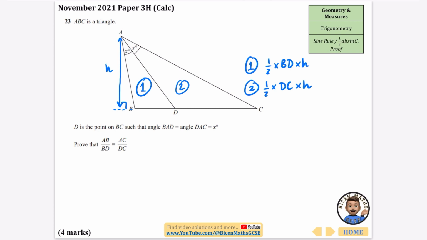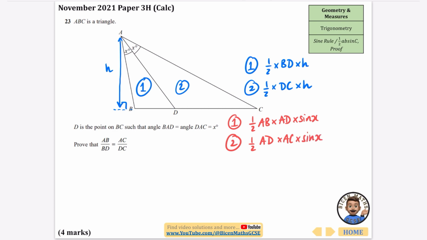But I could also work out the area of triangle 1 in a different way. I could use my half AB sine C, which would be a half multiplied by AB multiplied by AD multiplied by the sine of the angle between them. And for triangle 2, I could do the same thing. I could say that it's a half multiplied by this side and this side, so that is going to be my AD multiplied by AC multiplied by the sine of the angle between them.